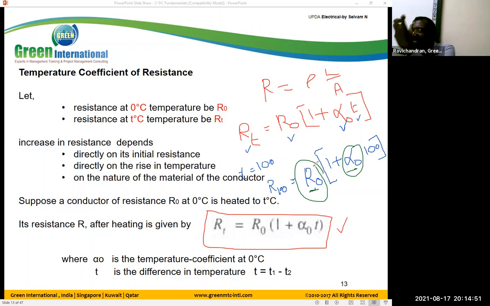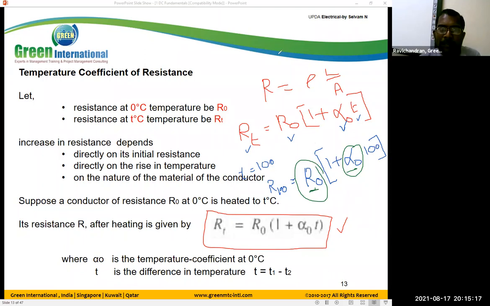From the statistical information, we may find from the data sheet the resistance for copper. For the particular element, for copper, we have this much resistance at 0 degrees; for aluminum, this much resistance.